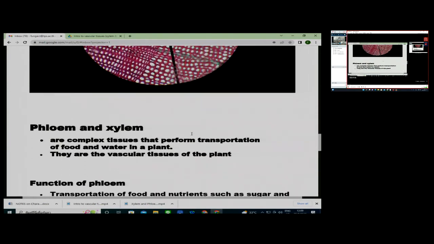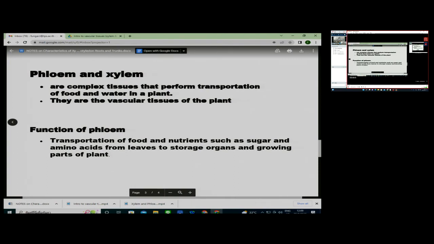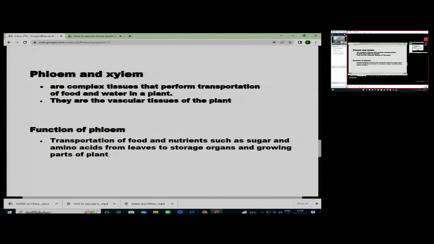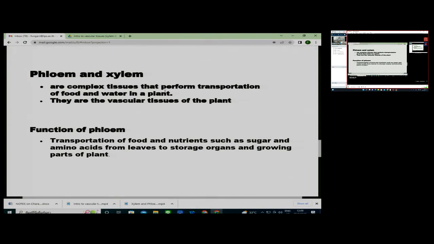Right, so that's that. Now let's look at the description of these structures. Phloem and xylem. These are complex tissues that perform transportation.